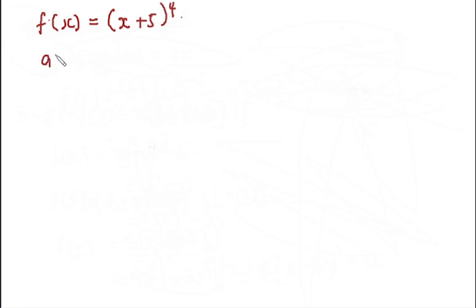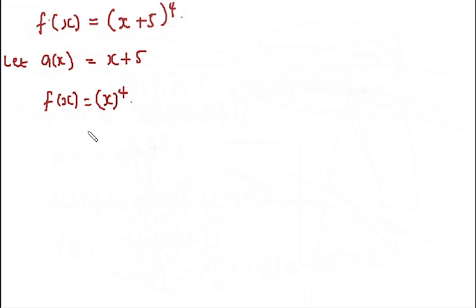So I'll be saying a of x. Okay, let a of x equal x plus 5. So we are going to replace x plus 5 with x. So the new function will look like f of x is equal to x to the power of 4.